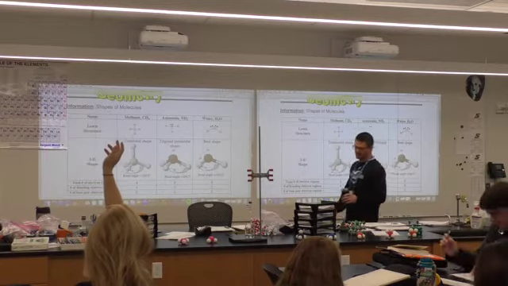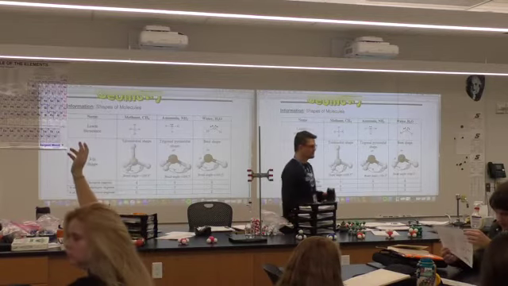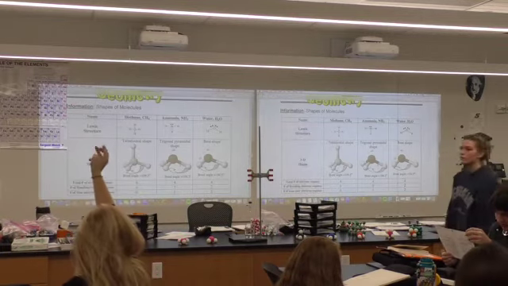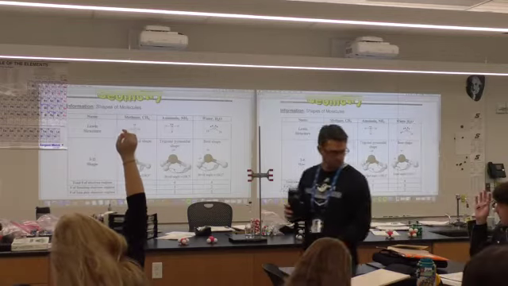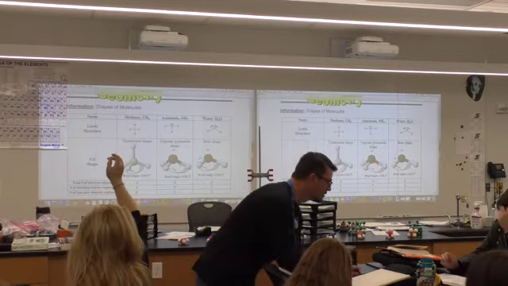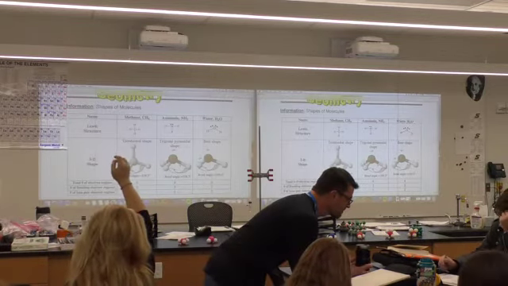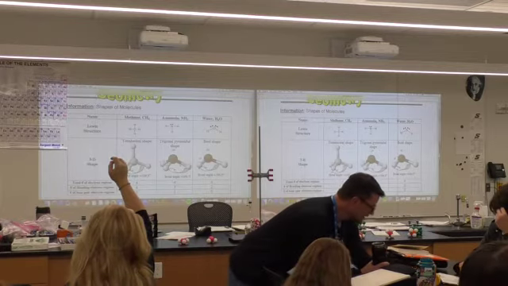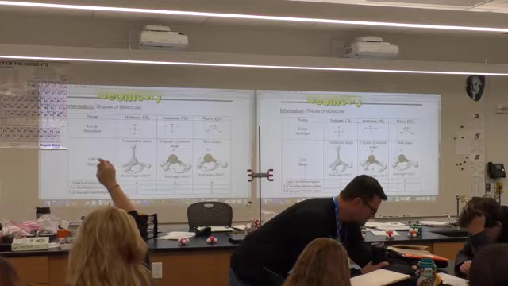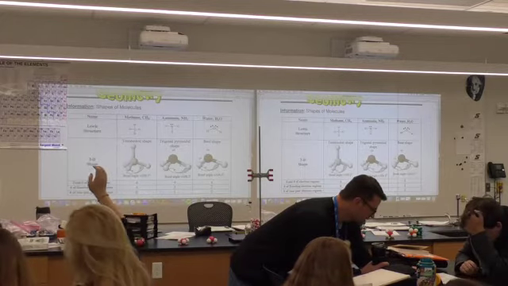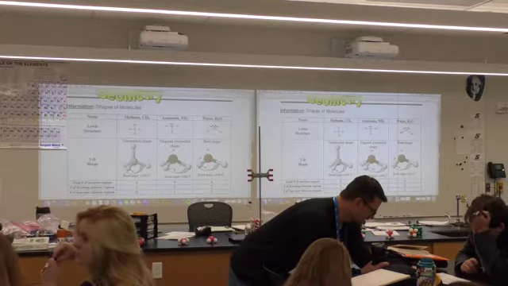Do 3 minutes and start going over it. Do the structure and shapes practice. Valence electron test? Oh, 7. What is it? Valence shell. Yeah, that's what I was talking about.